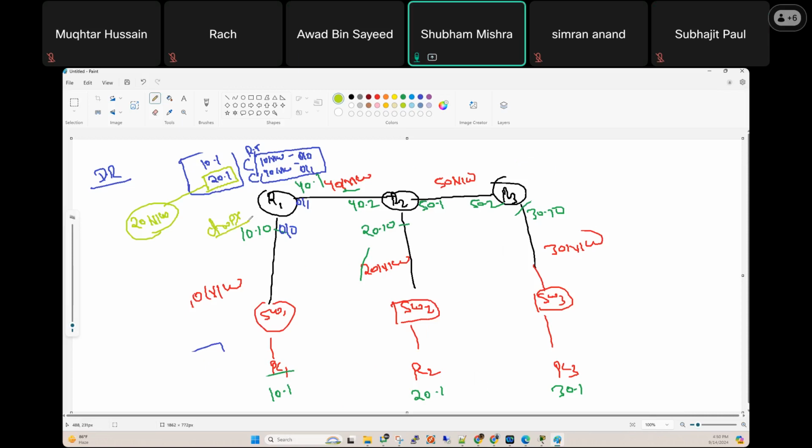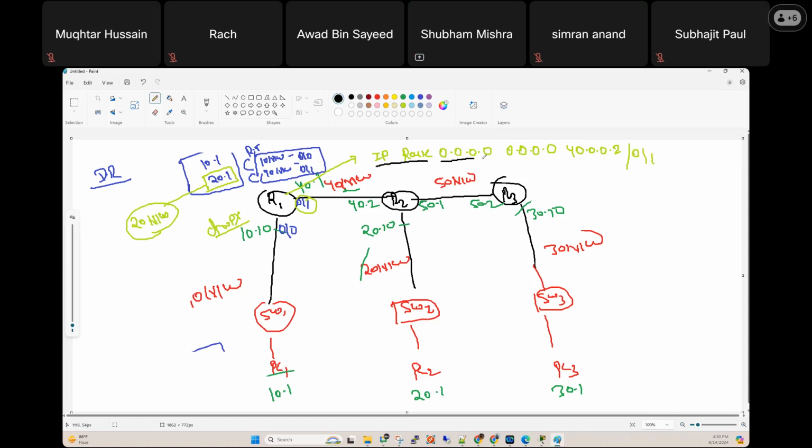Clear? Understand? Now what you can do is configure one command on R1. Please see very carefully: ip route 0.0.0.0 0.0.0.0 40.0.0.2, or you can write the interface instead. What is the meaning of this? Try to focus here. ip route is the command.